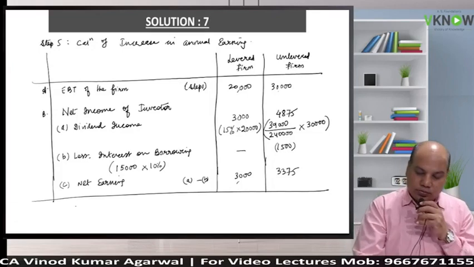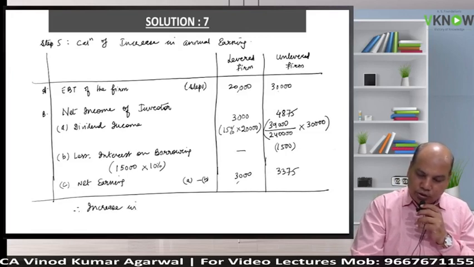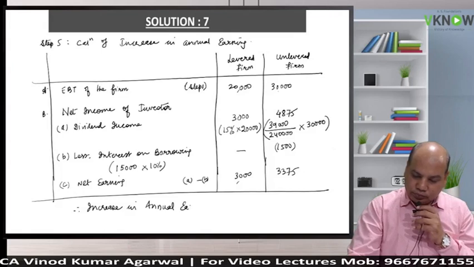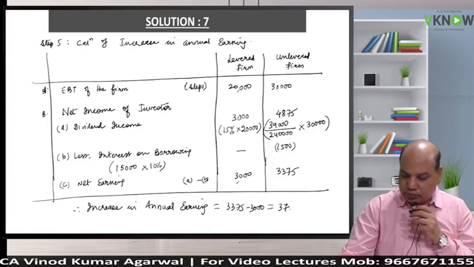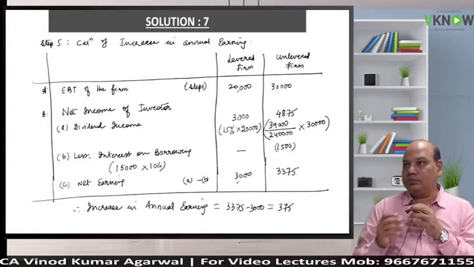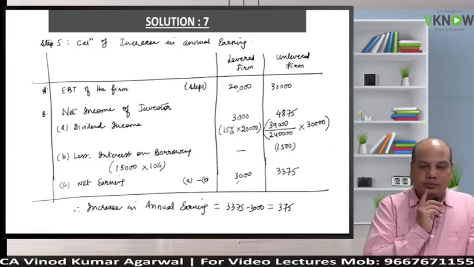Therefore, your question was the increase in annual earnings. Write down, therefore, according to the question, write the heading: how much additional earning will he have? 3,375 minus 3,000, 375.